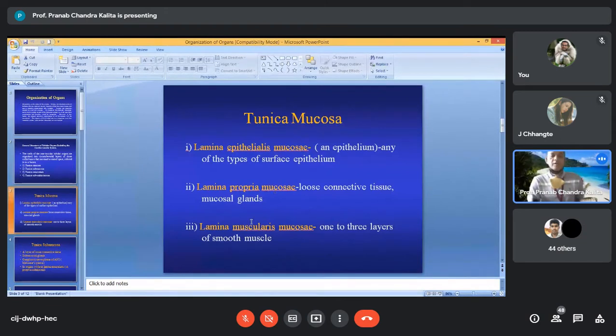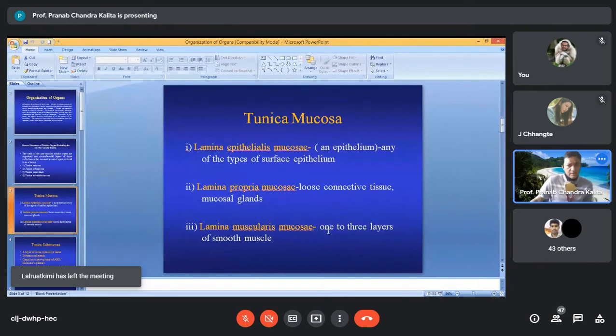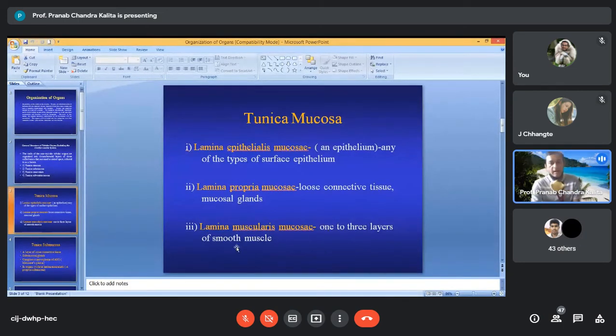Okay. Then the third layer is called lamina muscularis mucosae. Normally this muscularis mucosae, depending upon the organs, may contain 1 to 3 layers of smooth muscle. It may be 1 layer, 2 layers, or 3 layers of smooth muscle. And its function is like this: suppose in a water pipe, water is going from one side to another.